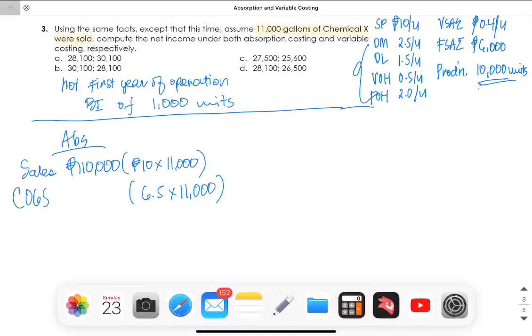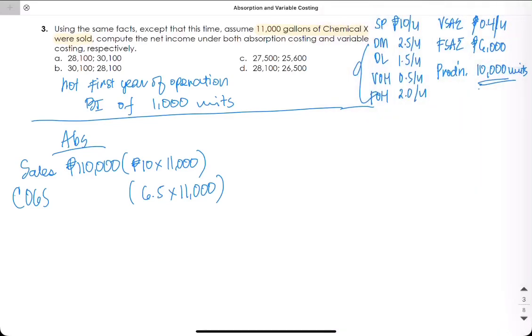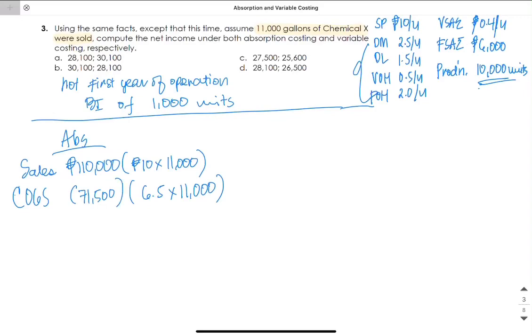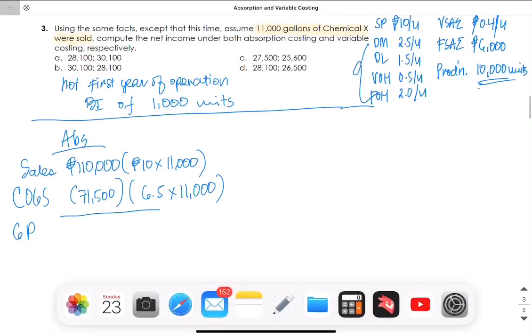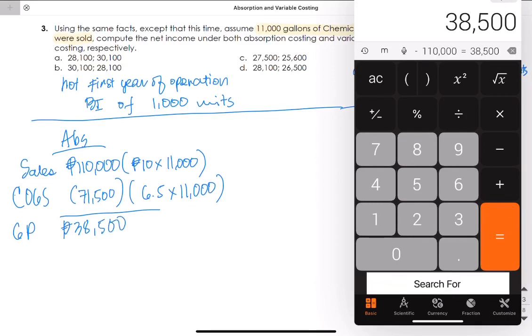So how much? We have 71,500. Sorry, I was not able to change the color. Anyway, we have gross profit, less 71,500 from 110,000, so this is 38,500.